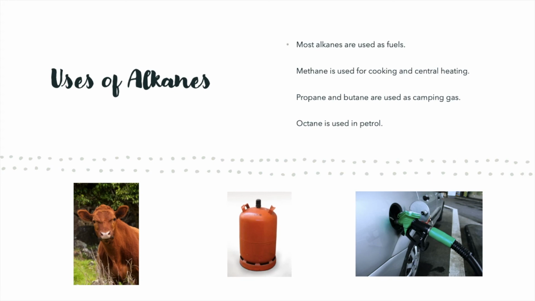Now I have included some pictures down the bottom to help you visualise. For octane we have a petrol pump, we have a gas canister for propane and butane, and for methane I have included a cow. Now you might be thinking, Miss McPherson, cows?